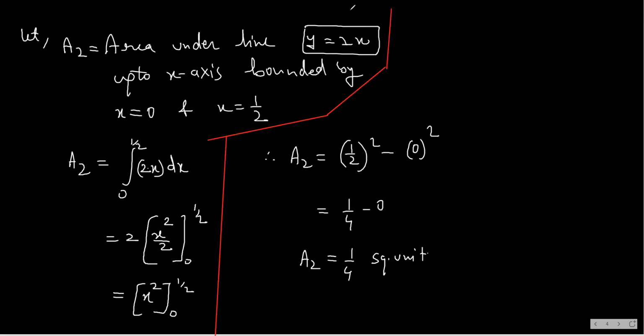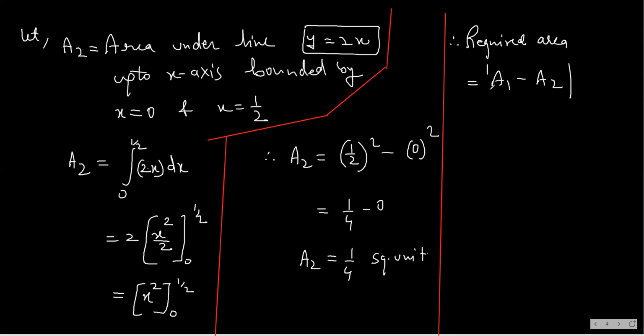So what's the required area? Required area is the area between the curve and the line. So I write, therefore, required area equals A1 minus A2 inside the mod. So that is 1 by 3 minus 1 by 4. This gets us 12 here, and 4 minus 3, that is 1 by 12 inside the mod, outside the mod it is 1 by 12.